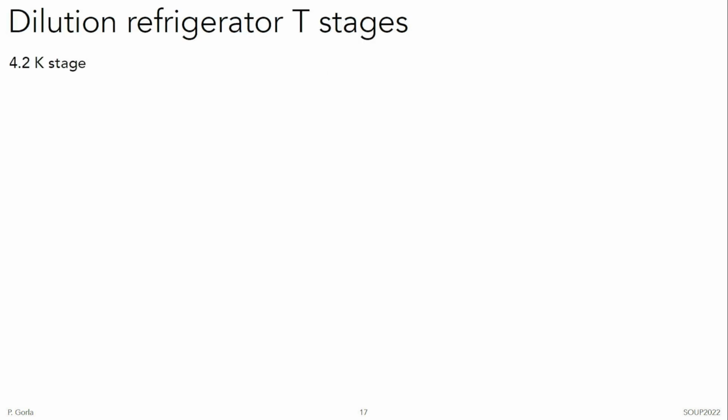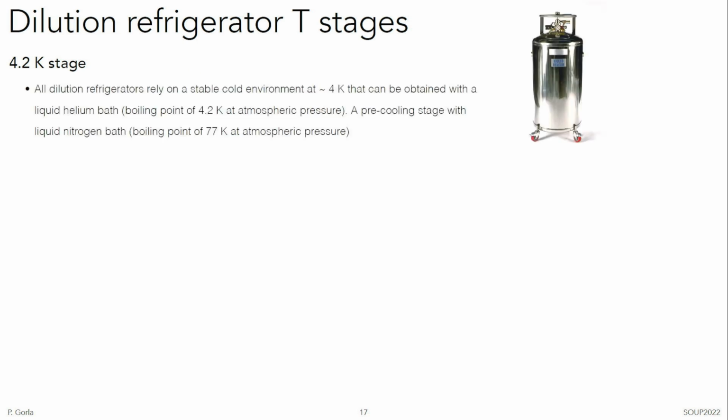Any dilution refrigerator has a temperature stage at 4.2, and historically this was obtained just with a liquid helium bath. This has the advantage that you can have a large liquid helium bath that keeps the temperature of your 4.2 stage extremely stable.